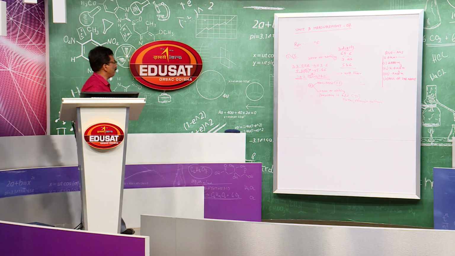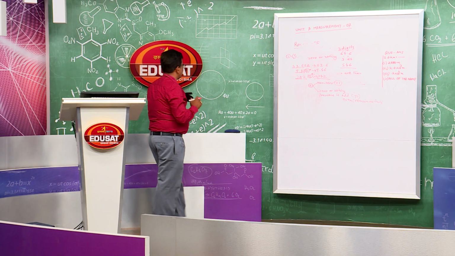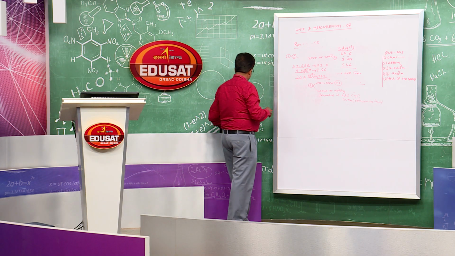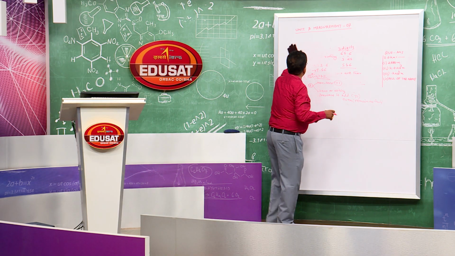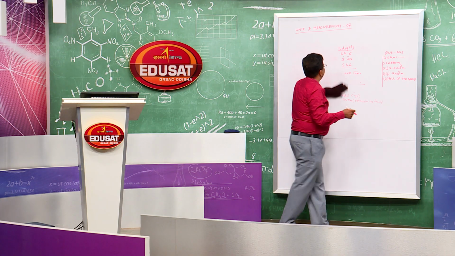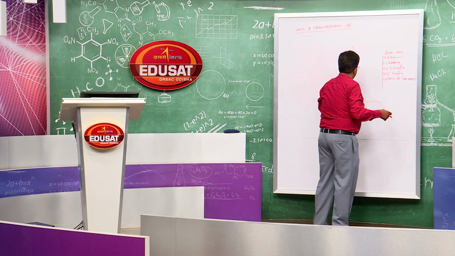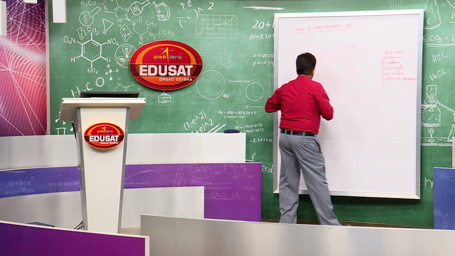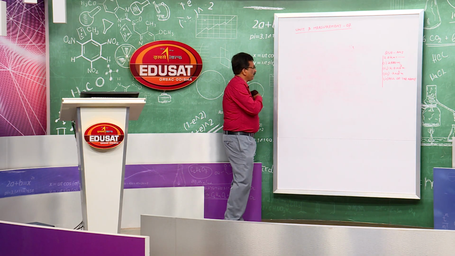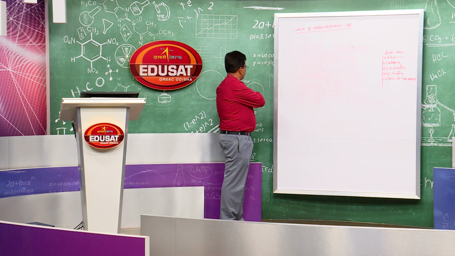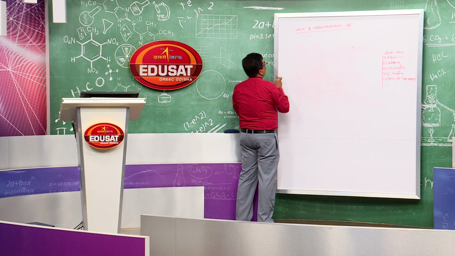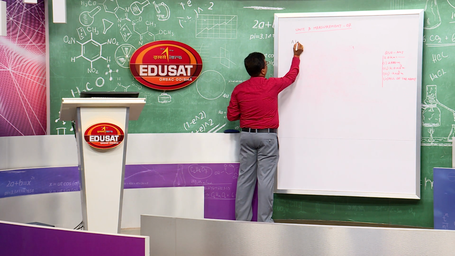So after completing the rounding of significant figures, we will go for the algebra. Means by taking the significant figures, we will make addition, subtraction, multiplication, division likewise. So next we will go for the algebra of significant figures.